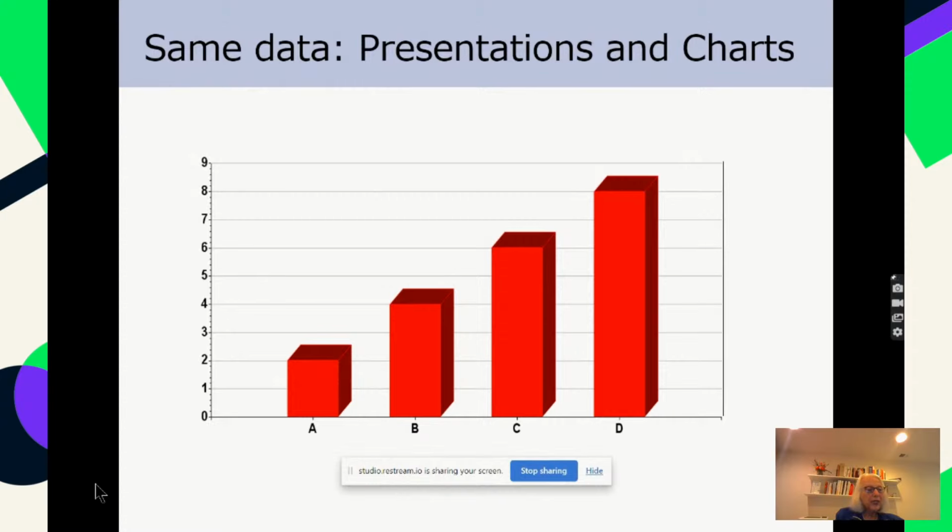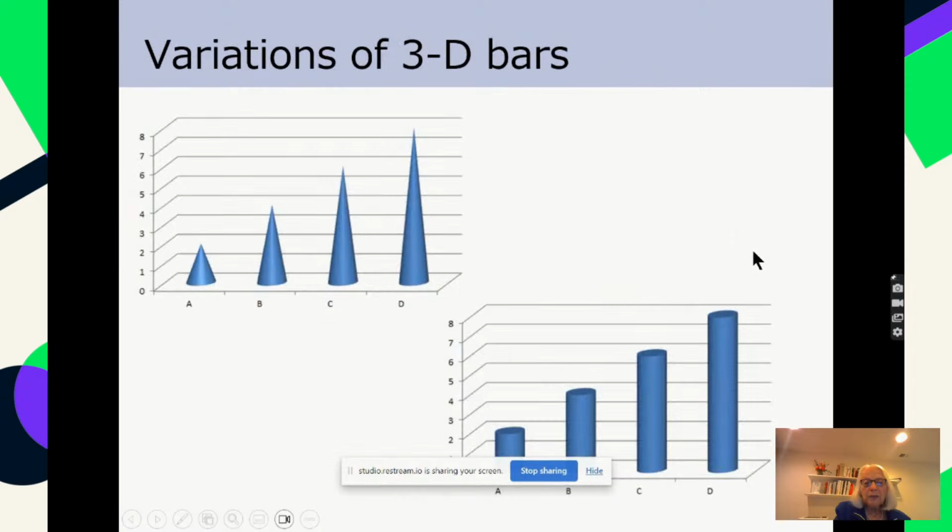They're confusing, they distort the data, and there are much, much better ways of presenting data. If you want to use a bar chart, a 2D one is fine, but don't put this pseudo 3rd dimension in. Here are some graphs that are even worse.